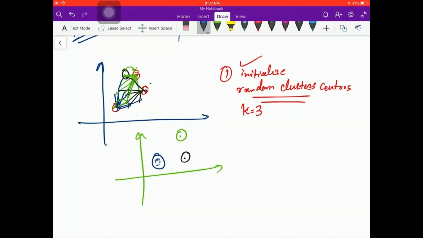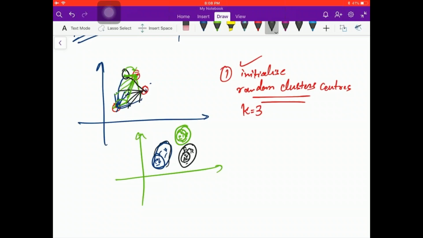Each will have some data points. I think I didn't make the diagram properly. The data points will not shift, they will just be grouped. So basically this boundary is made and the data points are grouped.